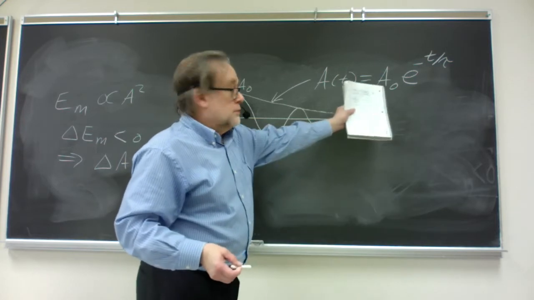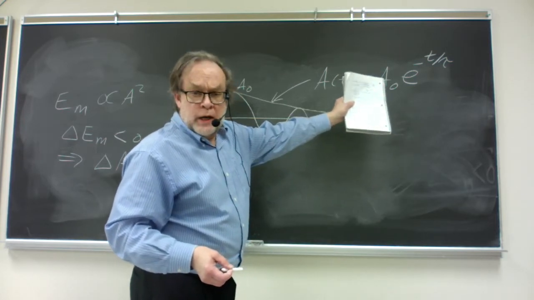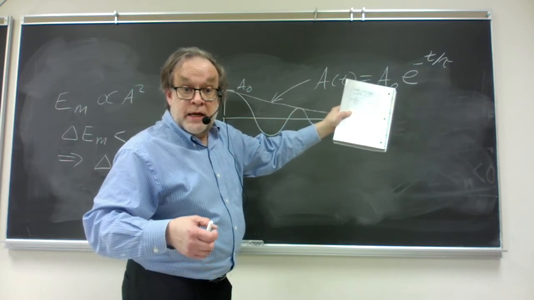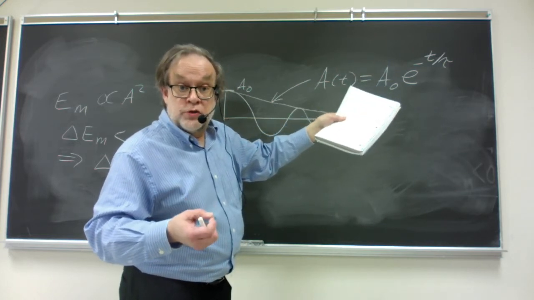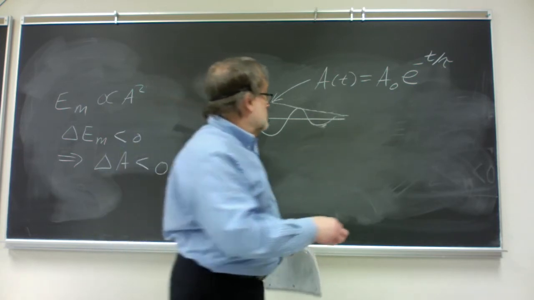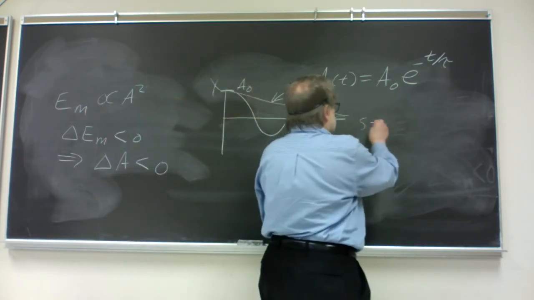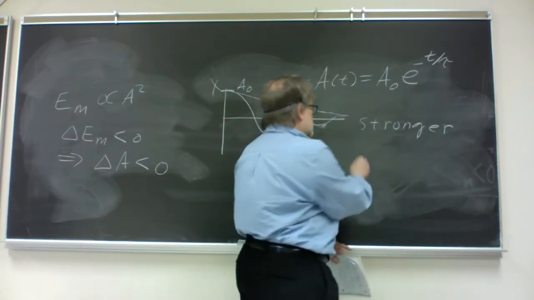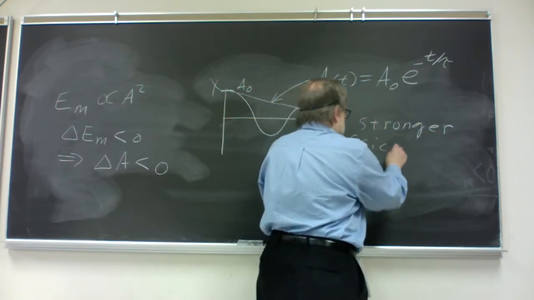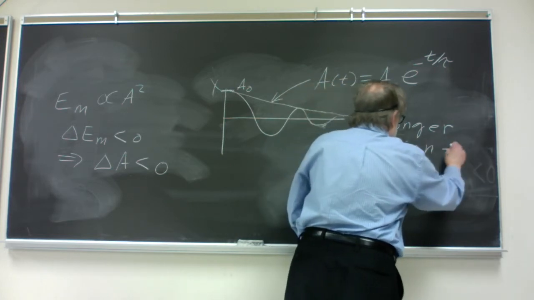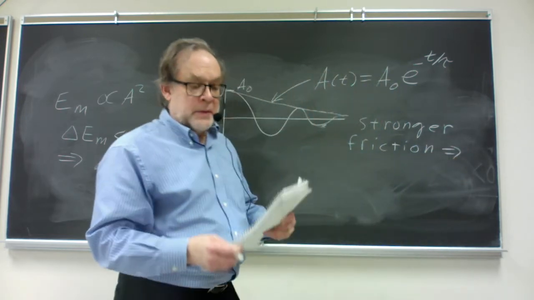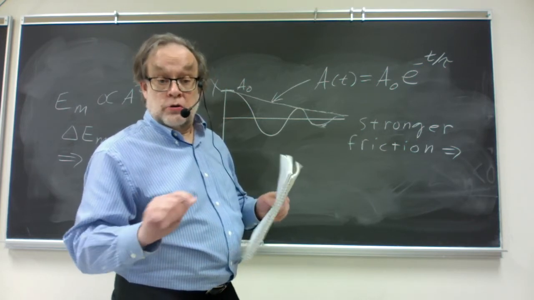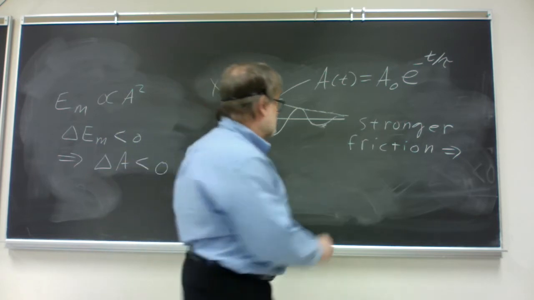Let's think about what would happen to these numbers if the damping got stronger, the friction force got stronger. Strong damping, or stronger friction force, which we would call stronger damping, corresponds to a smaller value of tau.